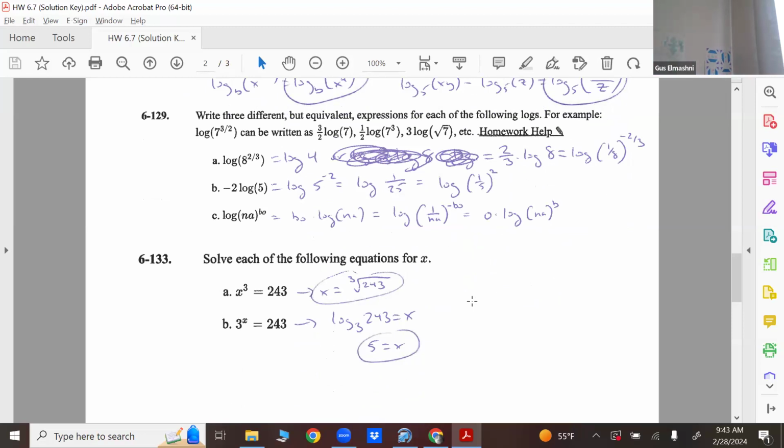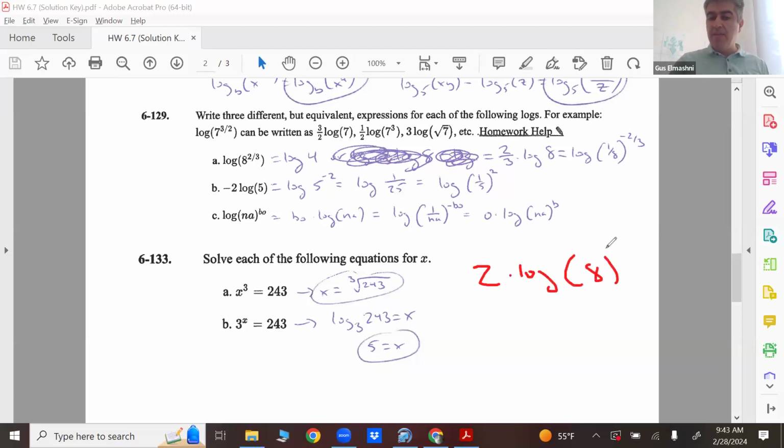That's another option, if you're looking for other creative ways of doing this. You could only move the 2 to the front if you want and make it like that. Or move the 1/3 to the front and make it like that. There's a lot of different ways you could do it.